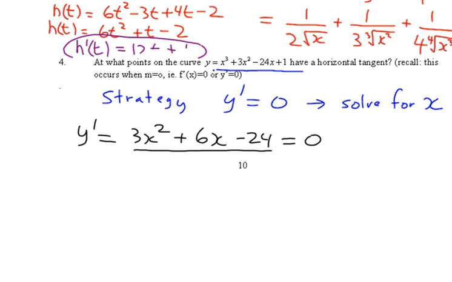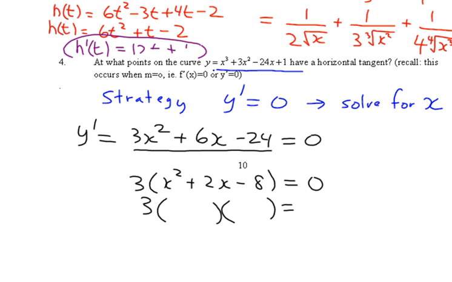We divide both sides by 3, or we factor out a 3. Either way. We factor the resulting trinomial. x plus 4, x minus 2. We end up with 2 solutions.